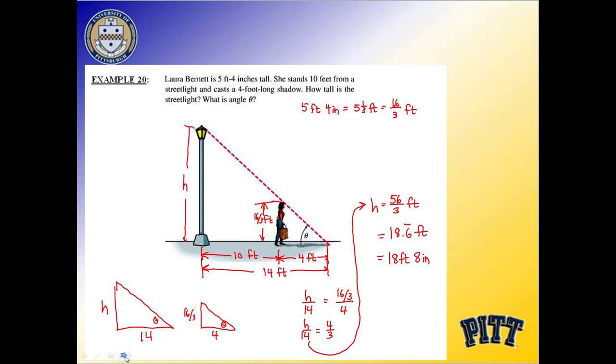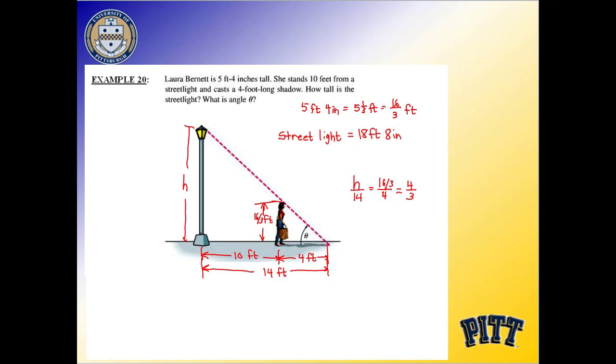So it's 18 feet 8 inches. And it's another thing you want to be aware of, the fact that oftentimes if they use a mixed unit measurement as a description, then you can expect to give a mixed unit answer as well if necessary. So the height of that lamppost, as accurate as possible, is 18 feet 8 inches tall.